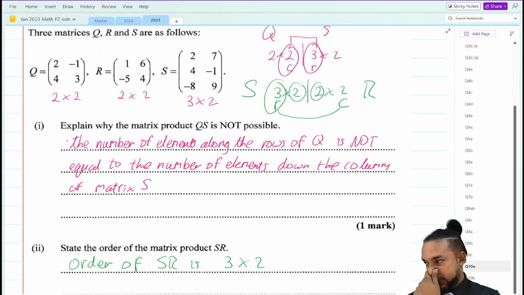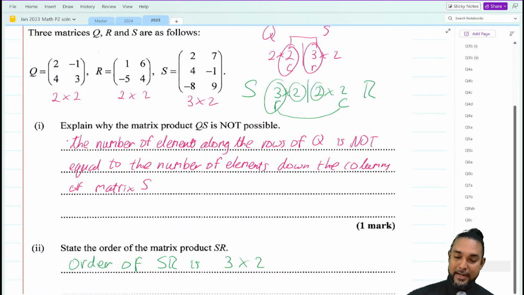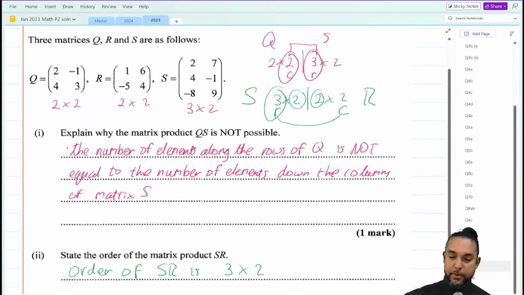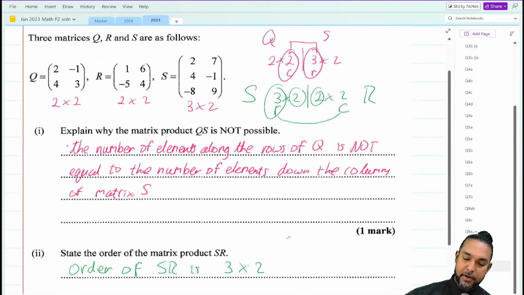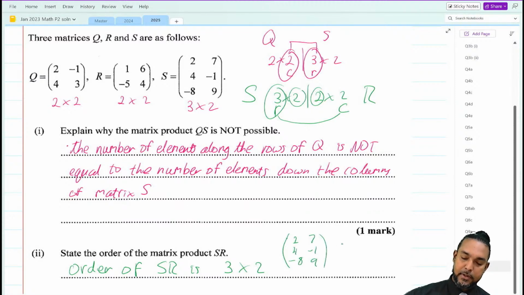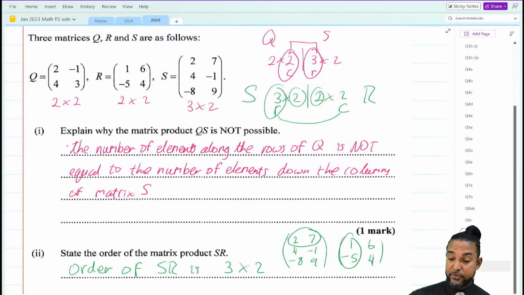So why can SR be multiplied? Because if you look at SR, hold on, what's the next one? Oh, it's QR, right? So if you multiply S by R, you have 2, 7, 4, minus 1, minus 8, 9, and then multiply it by 1, 6, minus 5, and 4. If you look along this row, you have 2 elements, and down this column, you have 2 elements. So you do 2 by 1 and 7 by minus 5.